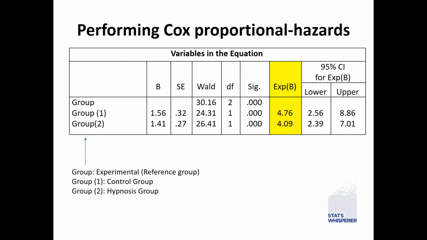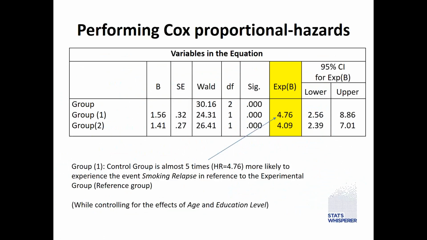And groups 1 and 2: 1 is the control group and 2 is the hypnosis group, right? So we know the findings of 1 and 2 are both being compared to the reference group, which is the experimental group. And what's it saying? First, group 1, we see a hazard ratio of 4.76.